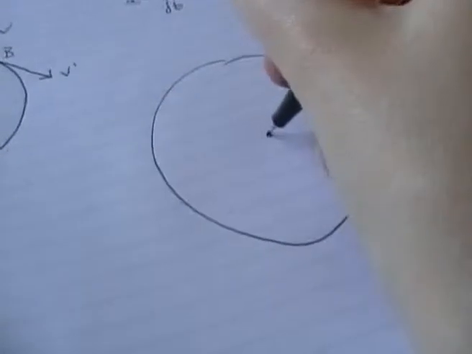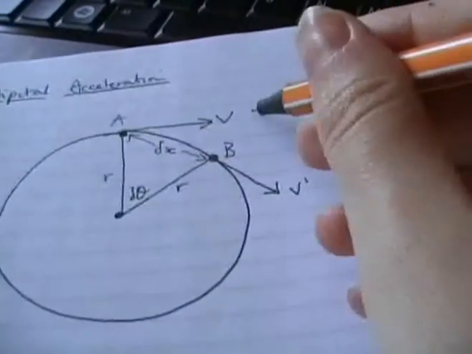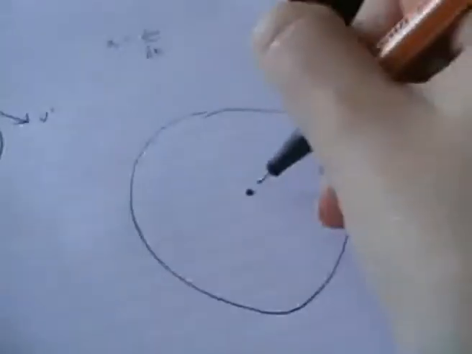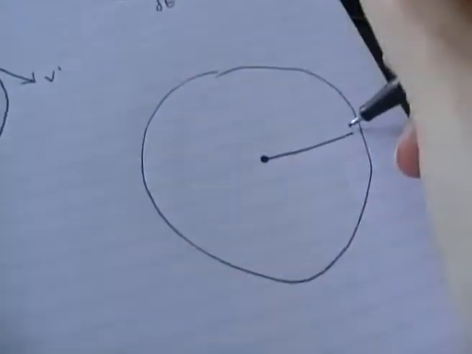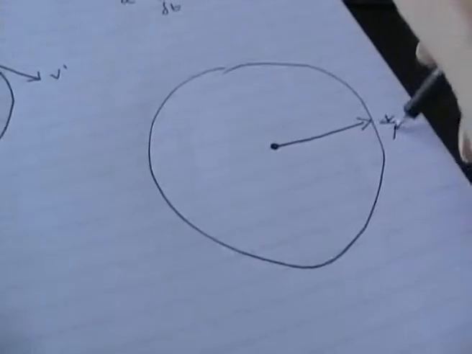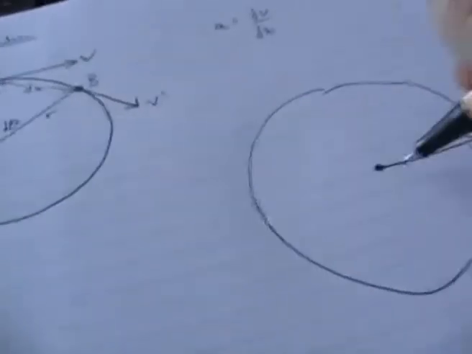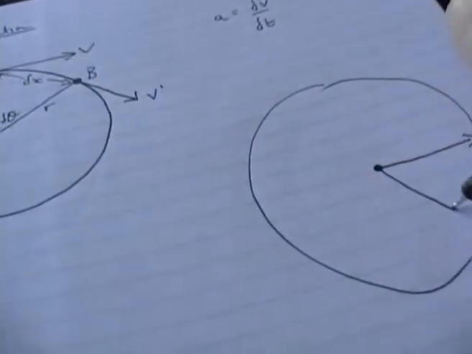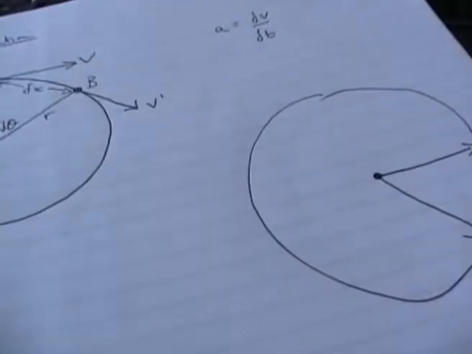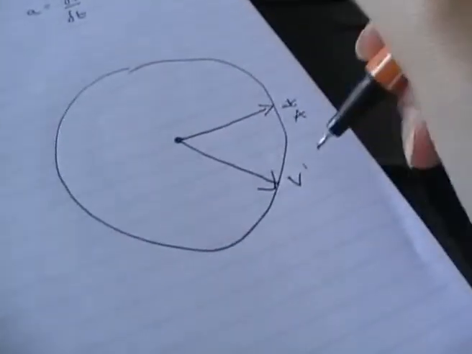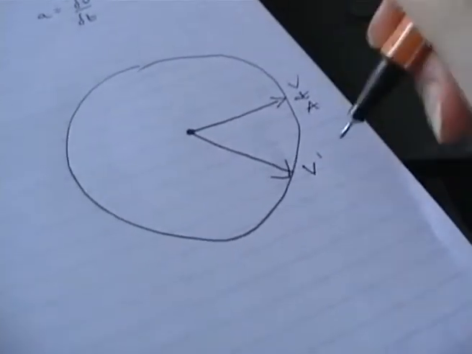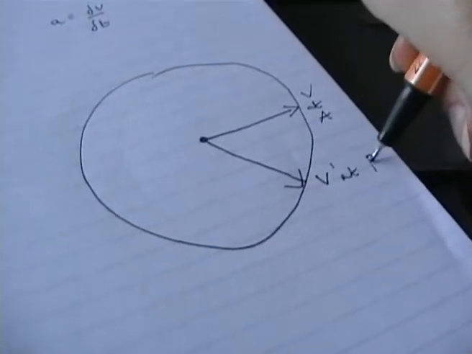Sorry, the circle is really quite bad. Okay, let's have a look here. We've got this velocity vector here at A, which is going to translate to be this one here. This is at A, and the one at B, v dash, will be about here. So v, this is going to be at B.